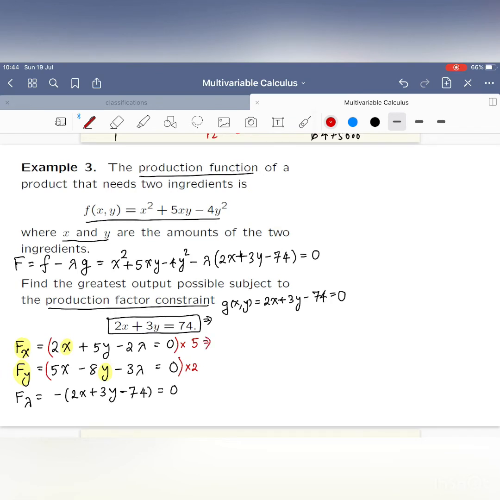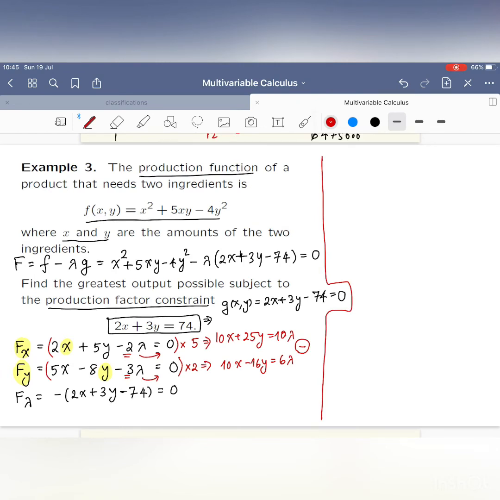Upon multiplication, you get 10x plus 25y equals 10 lambda. Okay, you move it to the other side. This is 10x plus 16y equals 6 lambda, and then you do a subtraction so that you can get rid of your x.